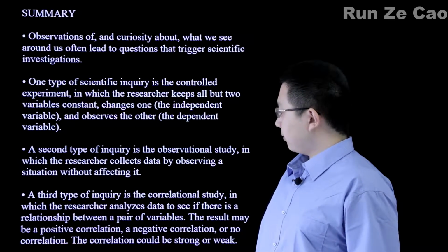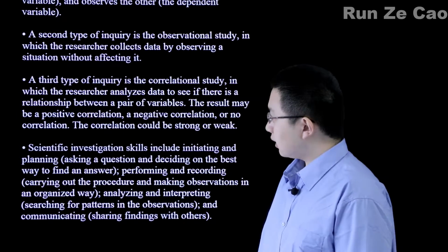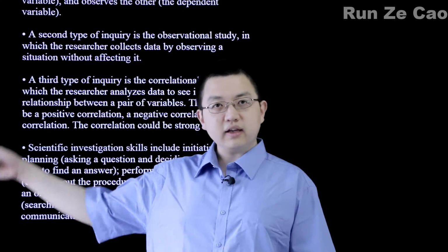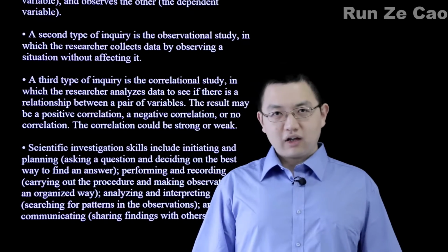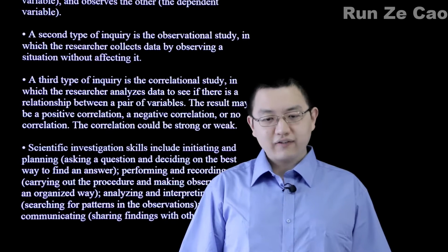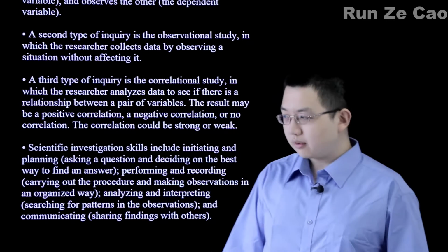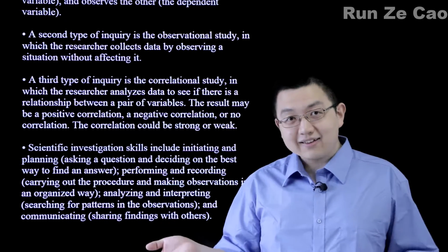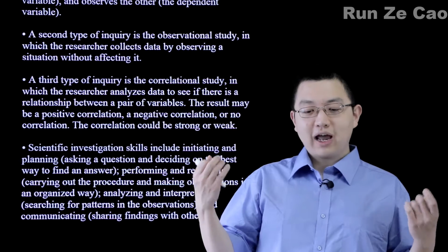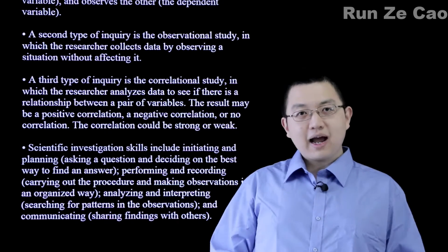Now the second type, the observational study, is, well, it's important that you do not affect this object. Even though we know that, for any of us who like philosophy or scientific trivia, according to the observational theory, or whatever it's called, the Schrodinger's cat example is that if you cannot observe whether the cat is alive or dead, then at the same time it is both.